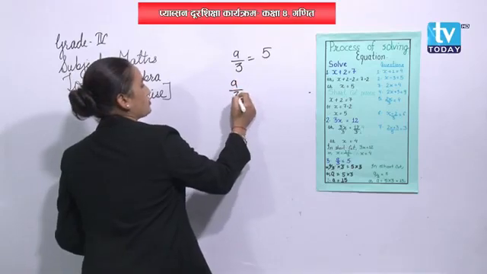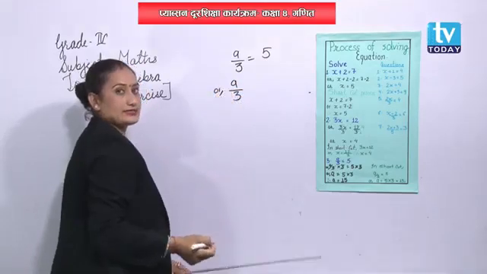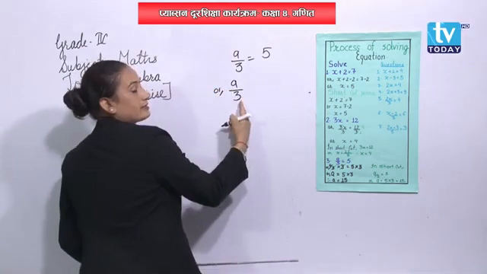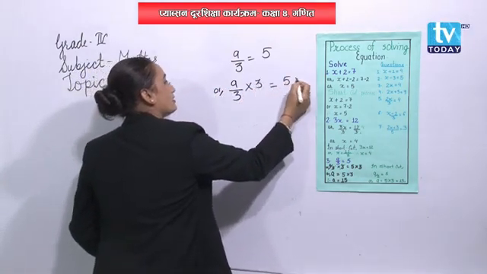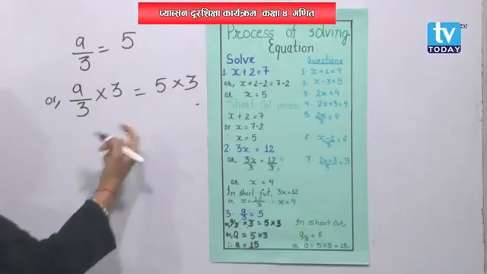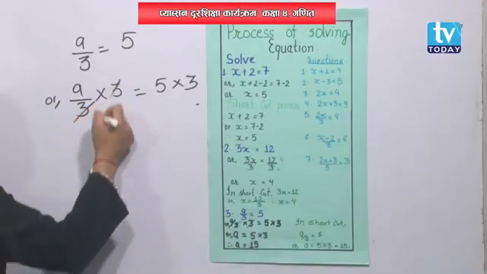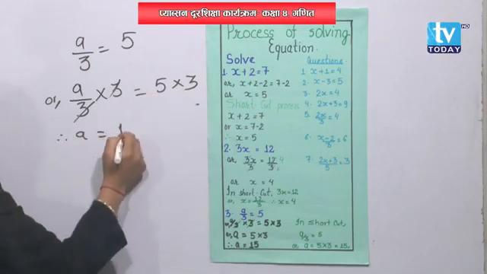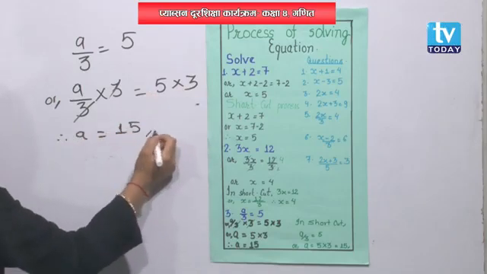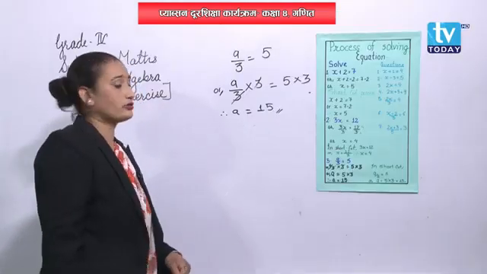Here, the long process. According to the long process, a by 3, here is 3, right? So multiply it with 3, and 5 into 3. Whatever is done on this side, let's multiply the other side. This and this will be cut off, and let's multiply this. Therefore, a is 15, the answer.